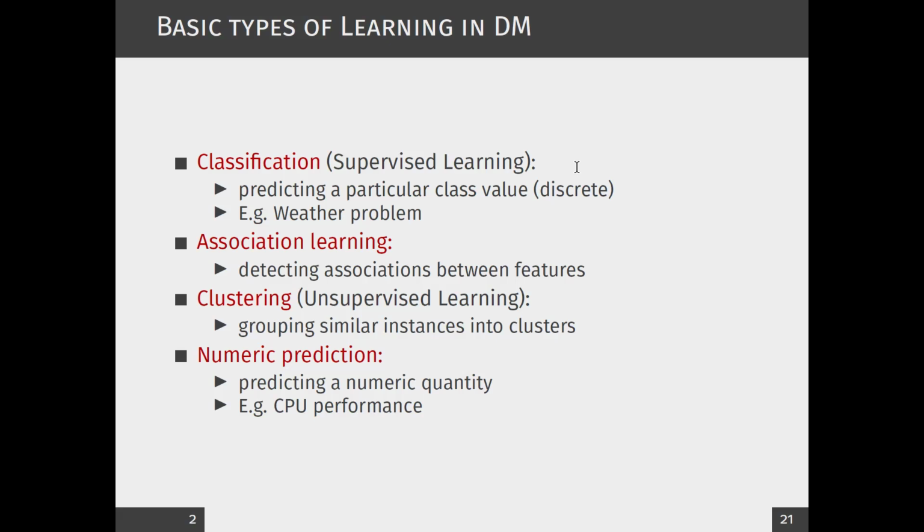For example, we are going to see a weather data set. I think I showed you last time in the lab session, where we decide whether to play or not based on different weather conditions. This kind of problem we know as a classification problem.